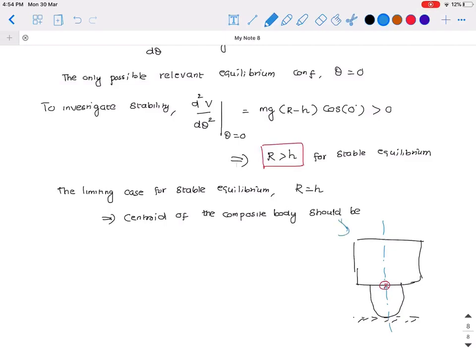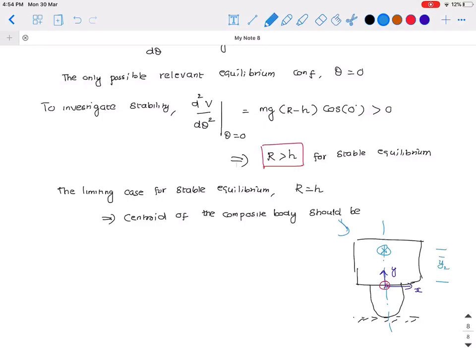That is the condition. Okay, so if we define the axis to be here, so what it means is that, let us say the centroid of the rectangular block is located here.